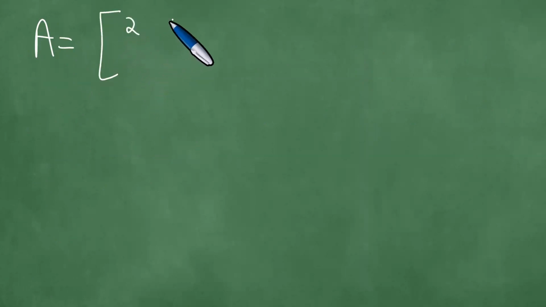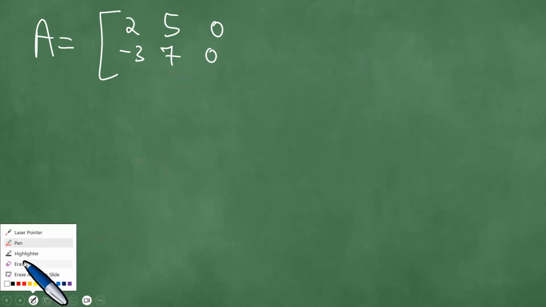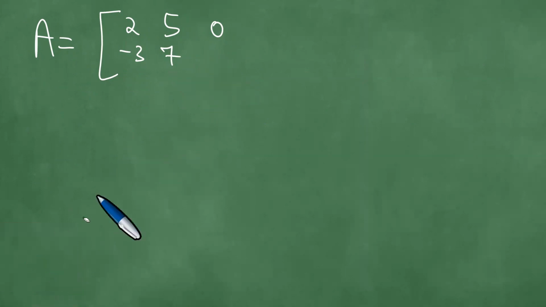To find the determinant, we must write down the matrix A. And it's exactly 2, 5, 0, minus 3, 7, minus 1, this one is a minus 1 here, and you have 5, minus 3, 1.